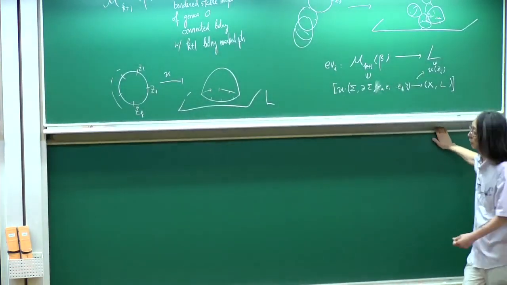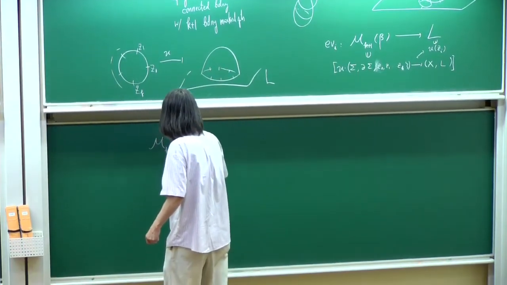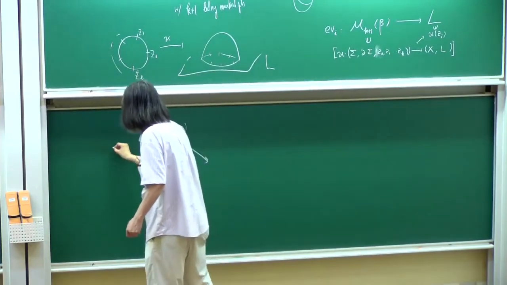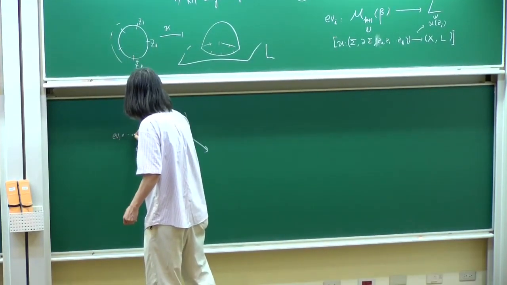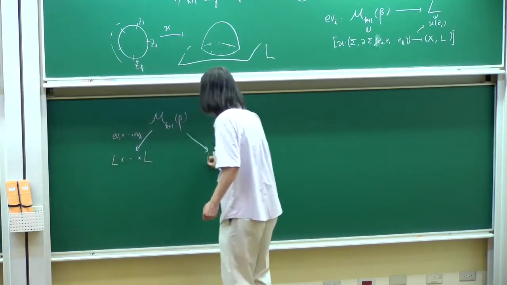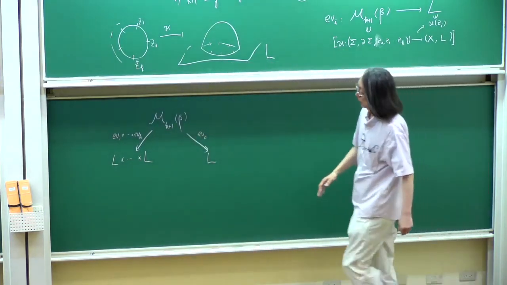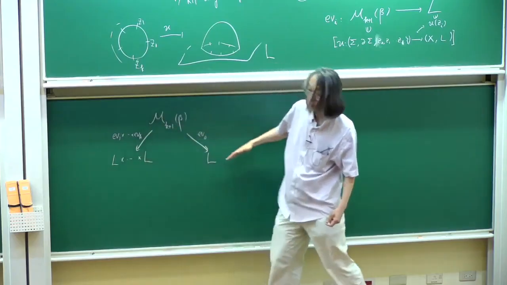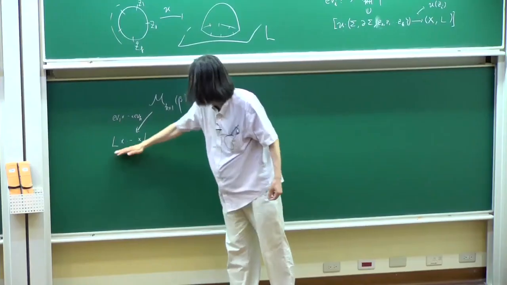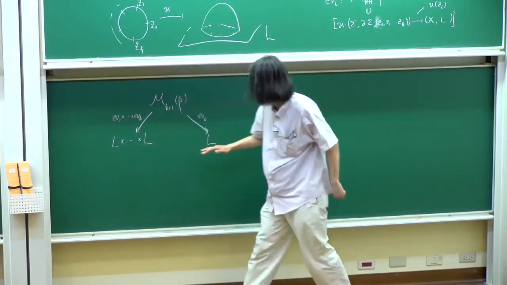And then we have the following picture. So M_{k+1}(beta) here, and then we consider some sort of pullback and push forward. If you have such a correspondence, you have some operation from here to here.